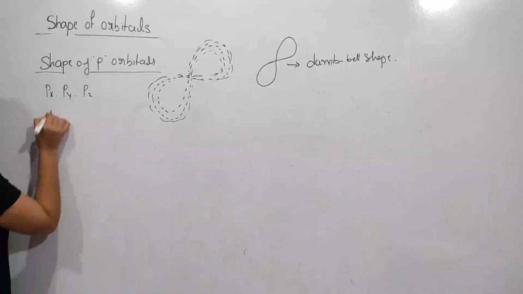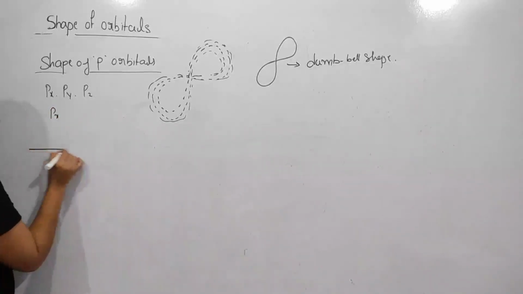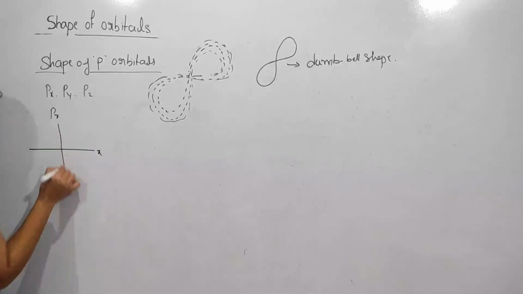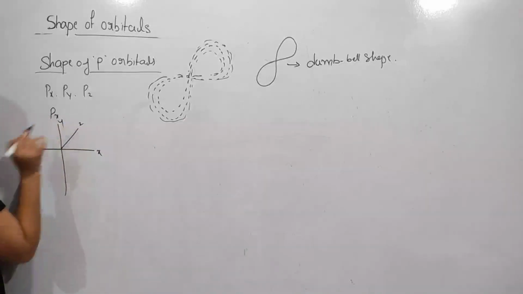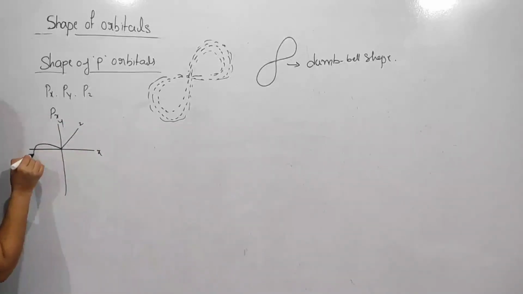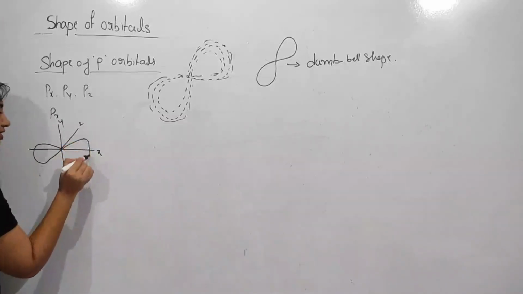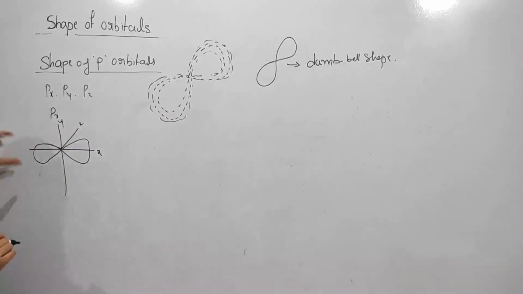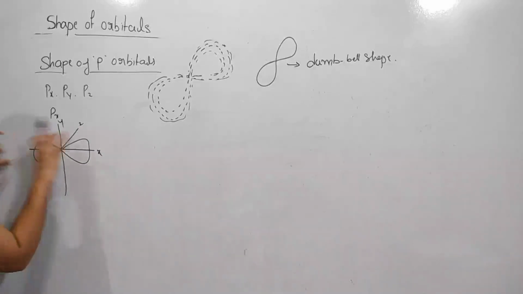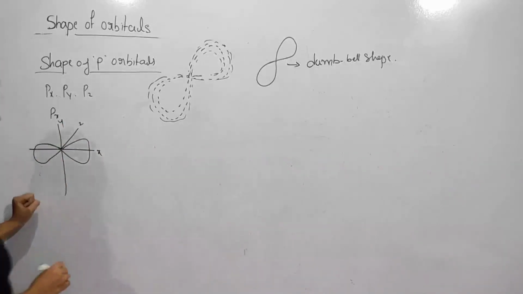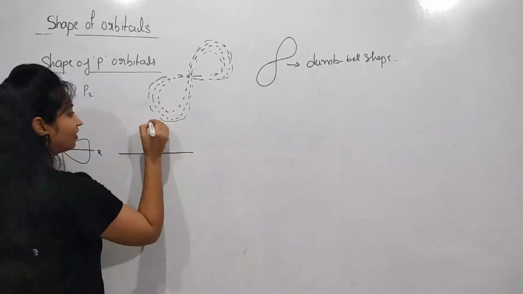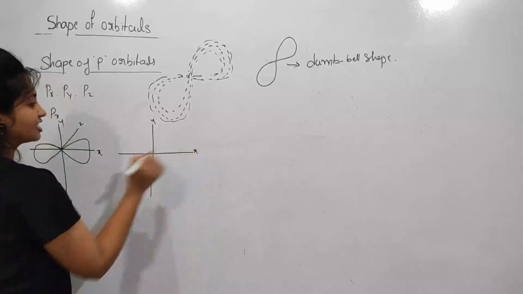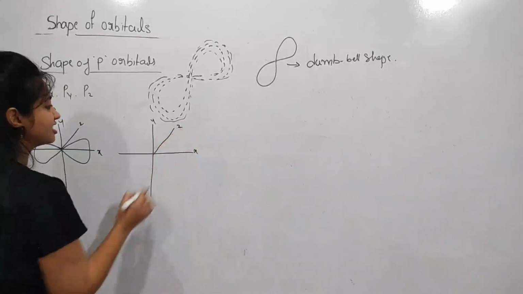In a px orbital, this is our x-axis, this is our y-axis and this is our z-axis. In a px orbital we get this type of structure. This dumbbell shaped p orbital lies along the x orientation. Next, this is our y-axis, this is our x-axis and this is the z-axis.